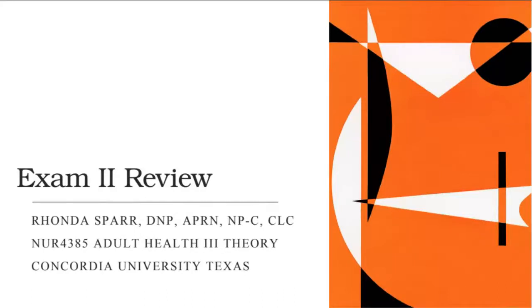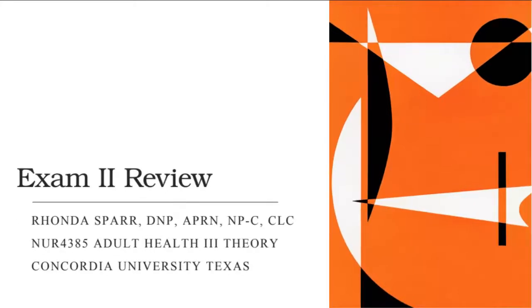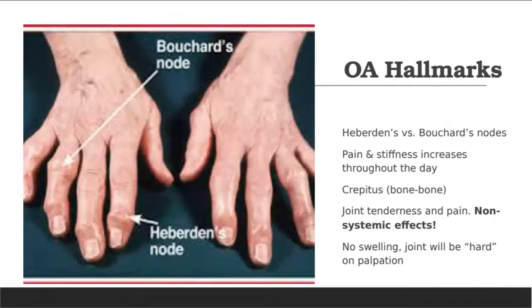Okay. So the first couple slides are just slides that I want you to pay attention to so that you know exactly what these items are. The first one are the hallmarks of osteoarthritis. So you'll see that in osteoarthritis, you'll either have Heberden's or Bouchard's nodes.